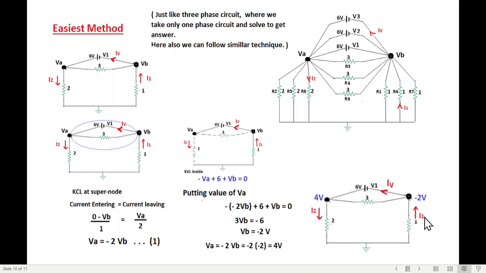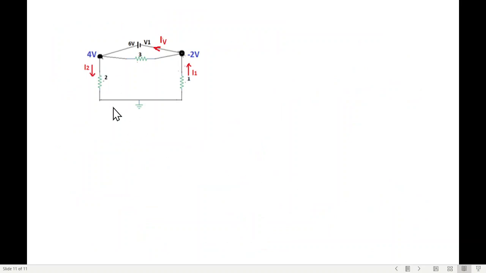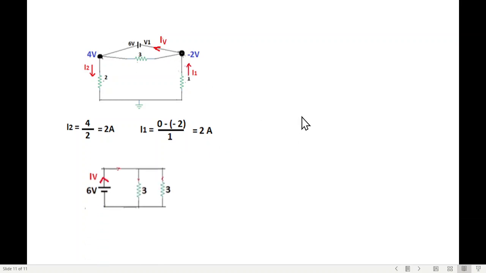So this is our single circuit now, and now we can easily find the currents. I2, 4 divided by 2, this resistance, 2 ampere. I1 going from here, so 0 minus 2 divided by 1, 2 ampere. And now this current.